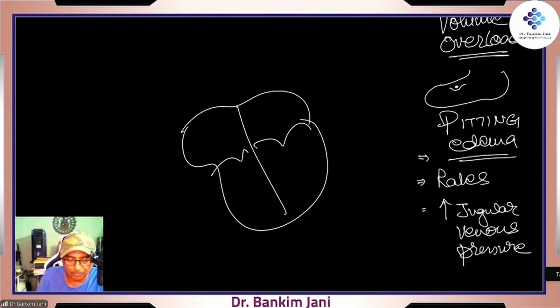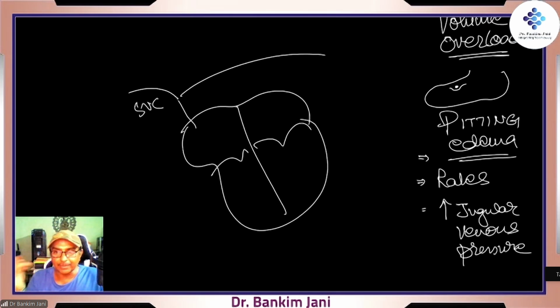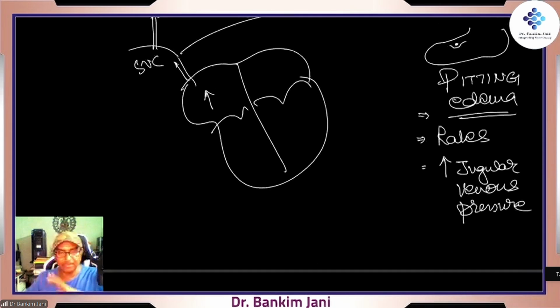So over here, the superior vena cava is formed by the brachiocephalic veins and jugular veins. They are landing over here, right? So when the pressure is high, it is the back pressure which will make them more prominent, correct? Because of that back pressure. So this is all aldosterone effect.